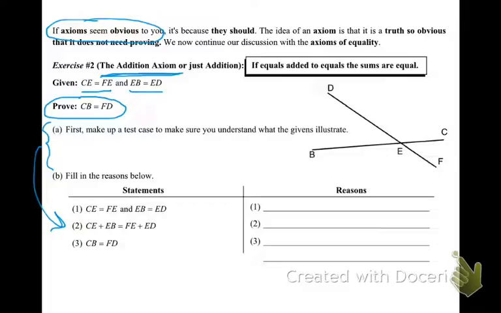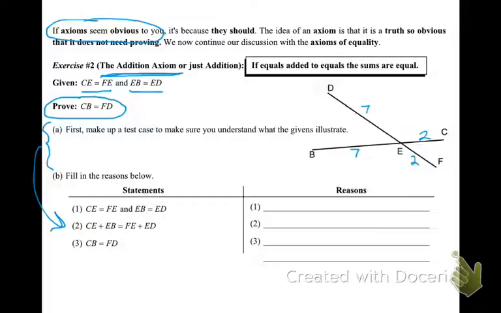So let's first make a test case so we can understand what's given. If we are given that CE is equal to FE, they're going to have the same measures. So let's say they're both 2 units. And we're also given that EB is equal to ED, so I'm going to label those with certain measures.